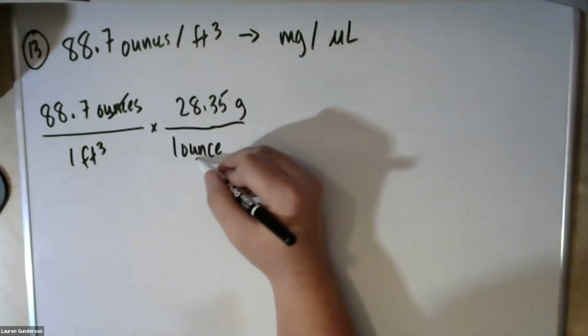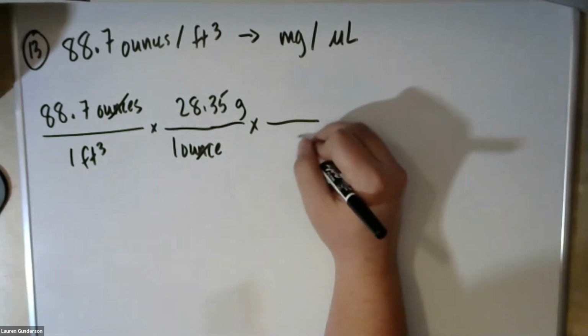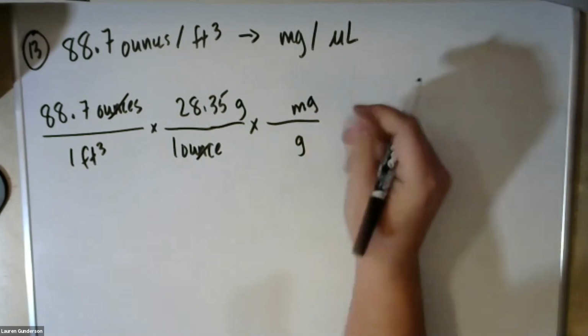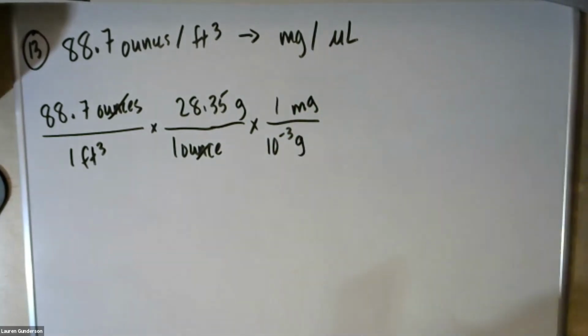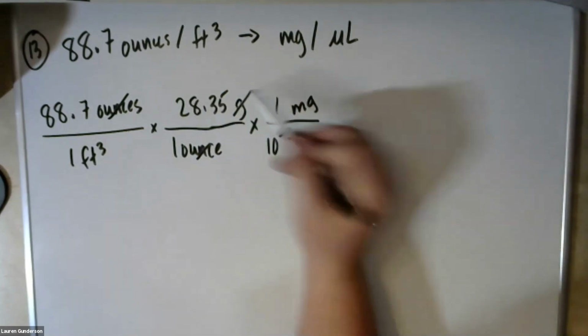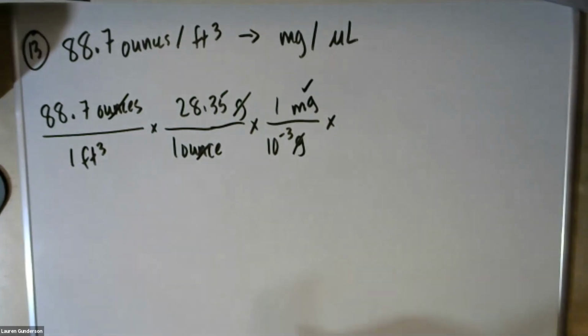So we see that cancels out. And now I'm going to go from grams into milligrams. So every 1 milligram is going to be 10 to the negative 3 grams. Okay, so now this unit checks out. That's where we want it to be.